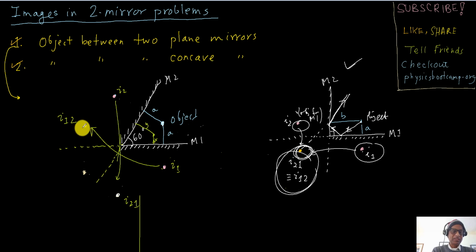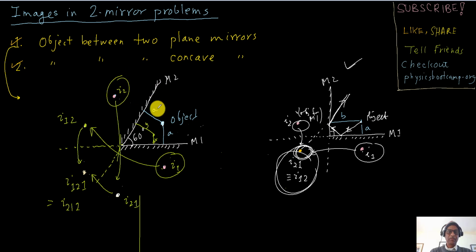This one can reflect over here, giving the image of 1, 2 in 1. But if I reflect this here, this is the same image, 2, 1 reflected in 2. So these are images from the single mirrors, and this one from both mirrors.